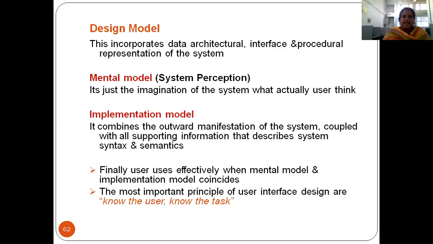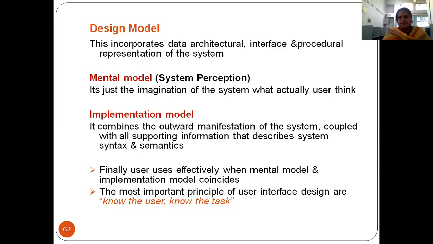The implementation model combines the outward manifestation of the system coupled with all support information that describes the system syntax and semantics. Finally, the user uses the system effectively when the mental model and the implementation model coincide.